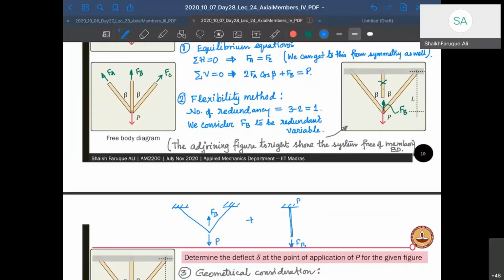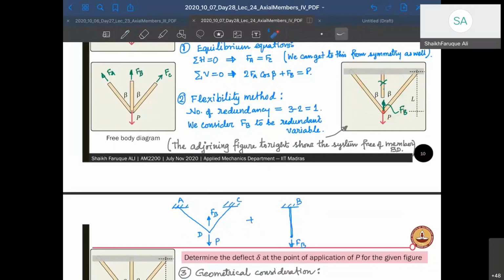This is B, this is C, this is A, this is D. Clear? So this problem is now divided into two problems, so the deformation at this point D is due to this problem plus this problem.